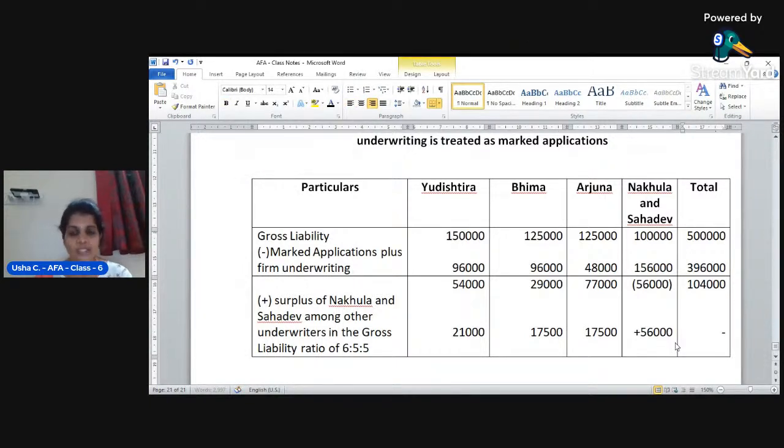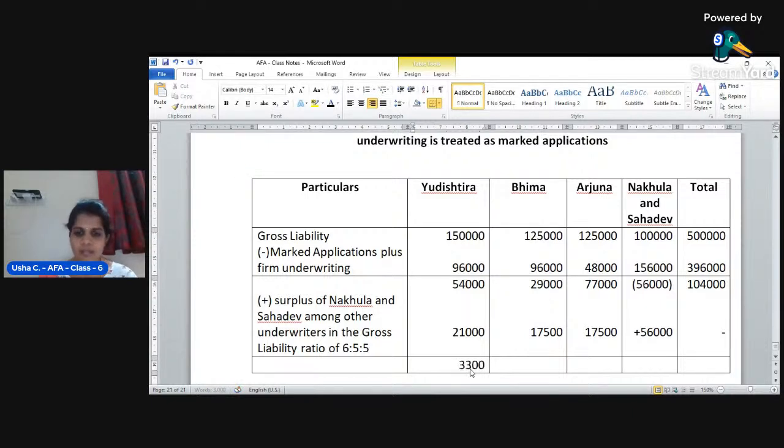Now the difference total must be nil. 21,000, 21,000, 17,500, 17,500. Now take the difference again. It is 54,000 minus 21,000, which is 33,000. Then 29,000 minus 17,500 is 11,500. 77,000 minus 17,500 is 59,500.